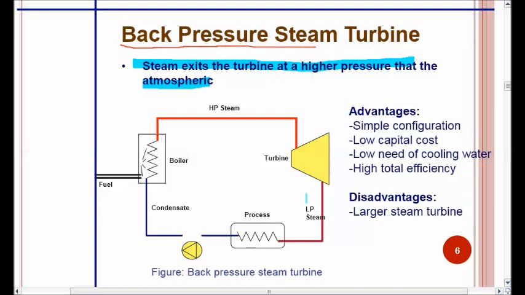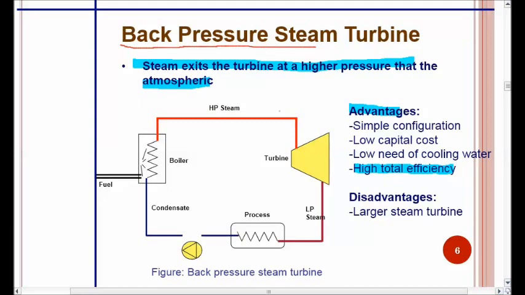But in a back pressure turbine, the exhaust pressure is much higher than atmospheric pressure. The advantages of this type of turbine are the simple configuration, low capital cost, low need of cooling water and high total efficiency. So how can we say that the efficiency of this turbine is higher?